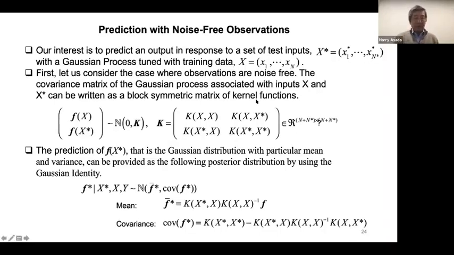The covariance matrix of the Gaussian process associated with the inputs X and X star can be written as a block symmetric matrix of kernel functions. This is the one I showed you in a nutshell version.